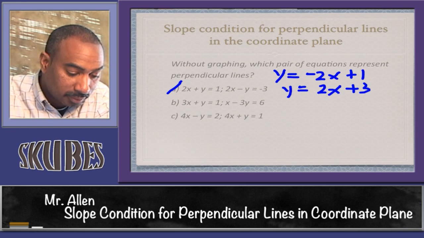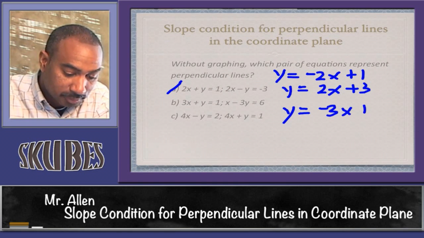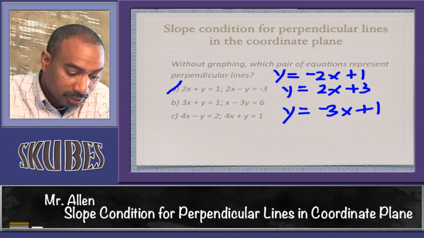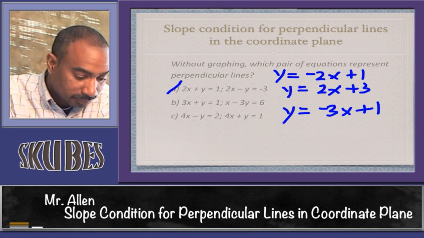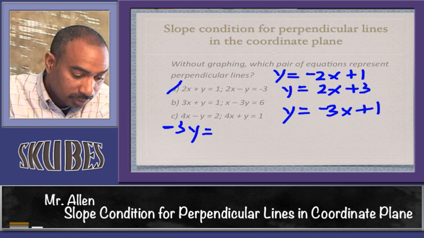If you look at B, if I were to switch this into slope-intercept form, I get y equals -3x plus 1. And if I switch this over, I'll say -3y equals -x plus 6.